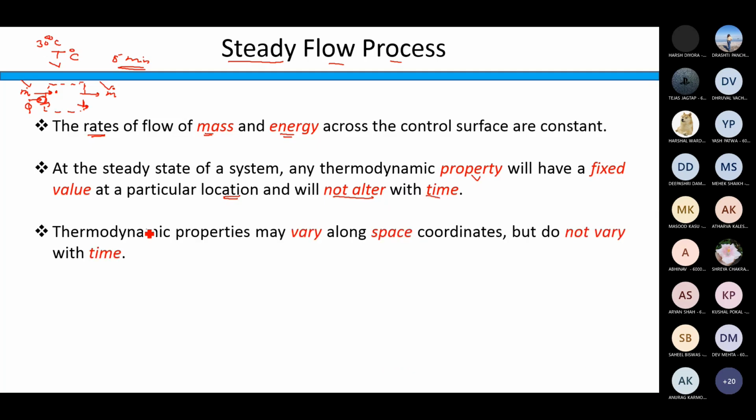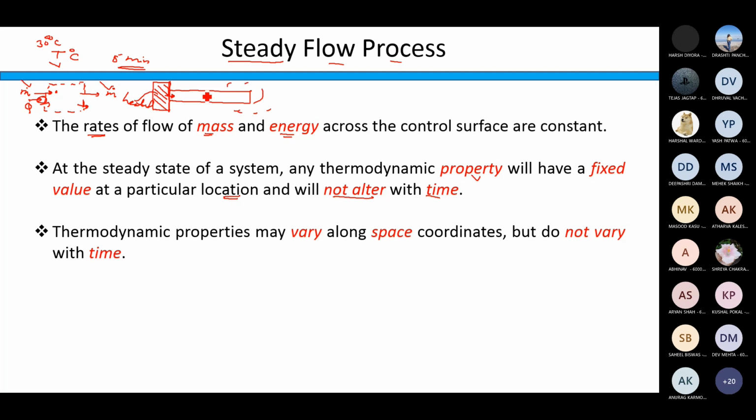Next, thermodynamic properties may vary along space coordinates. To explain this, let us say you have a steel rod or a bar, and you attach this to a hot plate, and now this plate is heated. What will happen? The heat will be conducted from this end to this end, and let us say it is open to atmosphere here.